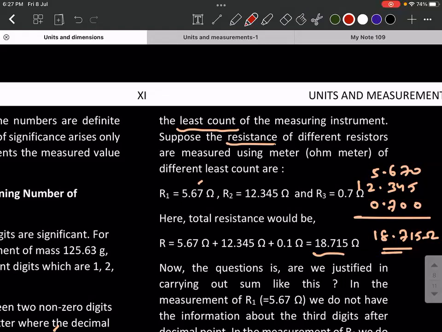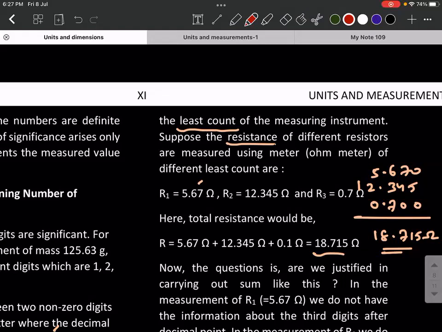So with this last reading, I'm forced to do this: I can't report my answer as 18.715. Rather, I should report it only till 1 decimal value. I'll tell my answer is only 18.7. Because of him, I need to restrict my reading because I'm not certain about the other 2 digits. This guy gave me an accurate reading, 12.345, and the other one is also somewhat true, but for 0.7, he has missed 2 significant figures.